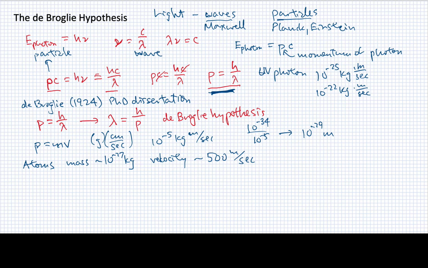And when we plug this into the formula that de Broglie devised, what we would find is that the wavelength would be something on the order of 10 to the minus 9 meters, or about 1 nanometer. Now this is getting closer to something that we could actually detect, but still very, very small.